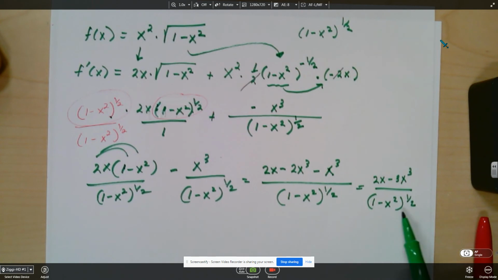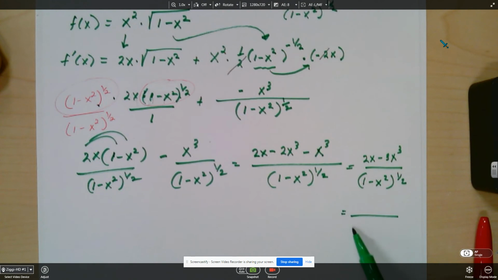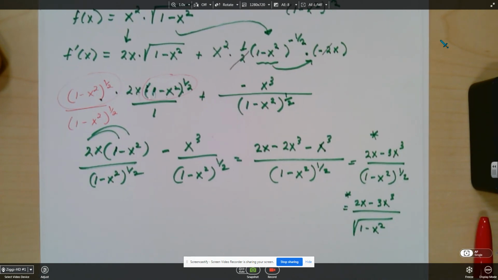So you've got to get a feel for knowing that this is in its most simplified form. Sometimes maybe our books might do this. But that's good enough for me. You can write it like this if you are trying to match up with the textbook.